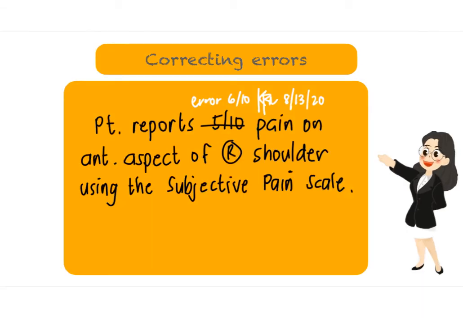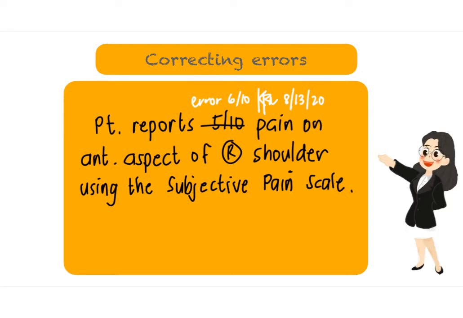Another thing that you need to know is how you correct your errors. So for instance, okay, you wrote in the document this, patient reports 5/10 pain on anterior aspect of right shoulder. And then you realized that 5/10 is an incorrect entry. So how do you correct this?